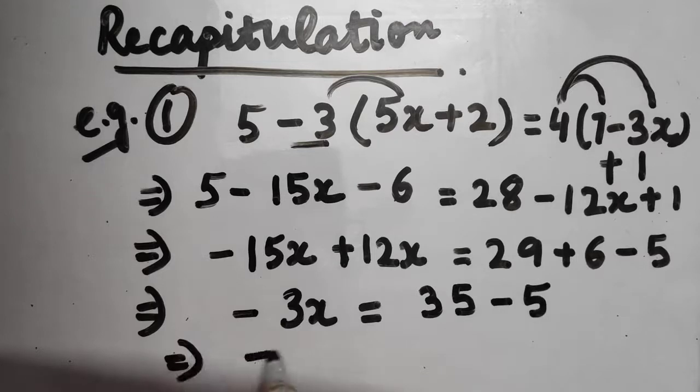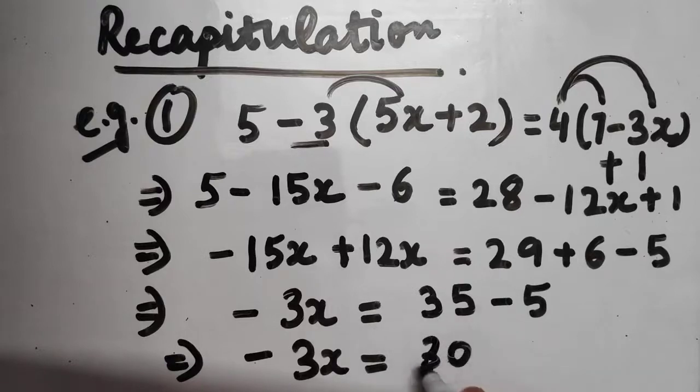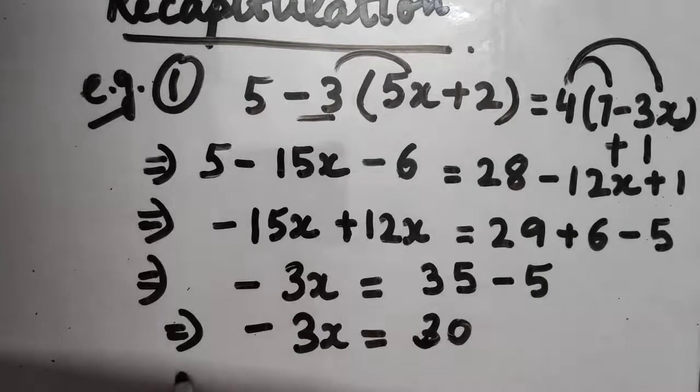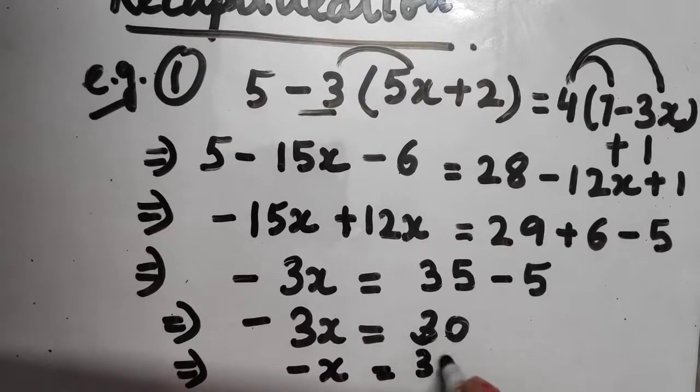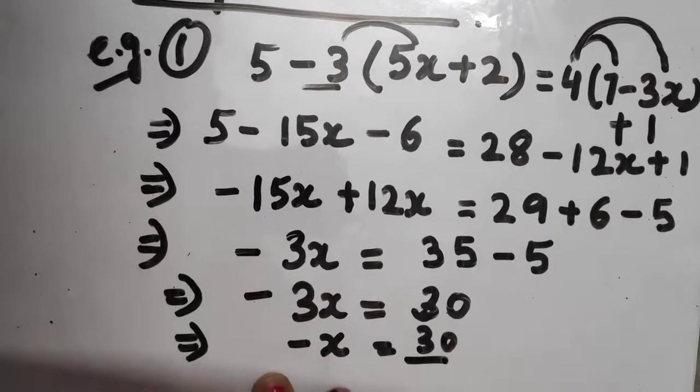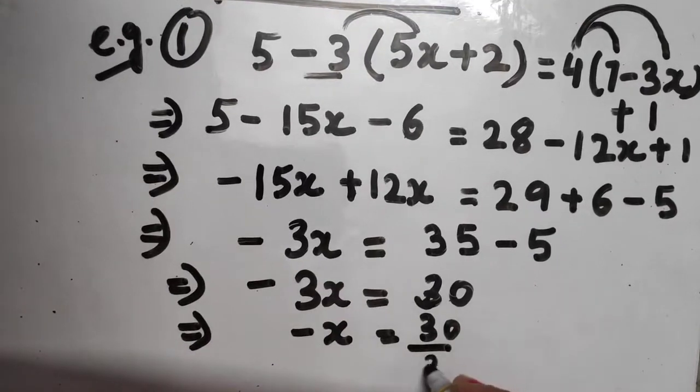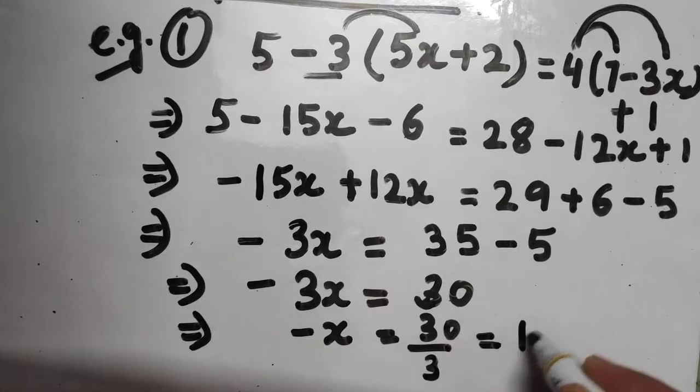So, minus 3x is equal to 35 minus 5, that is equal to 30. Now, I need to get the value of variable x. So, minus x is equal to 30 divided by 3, that is equal to 10.